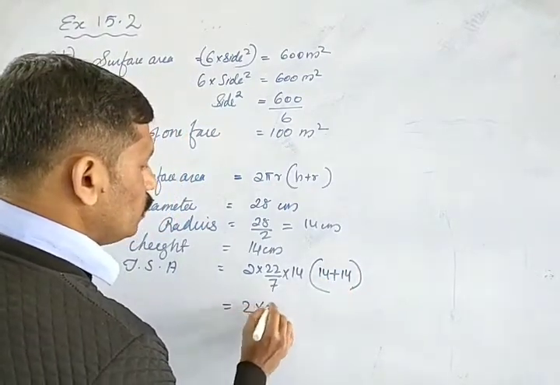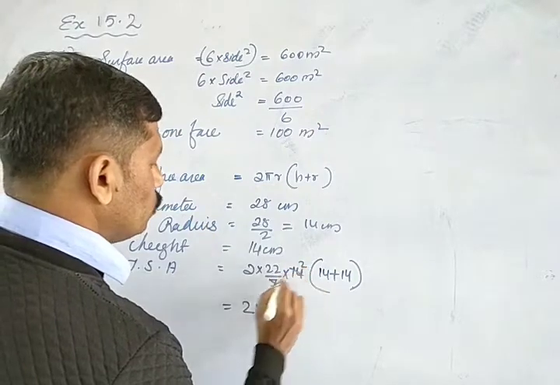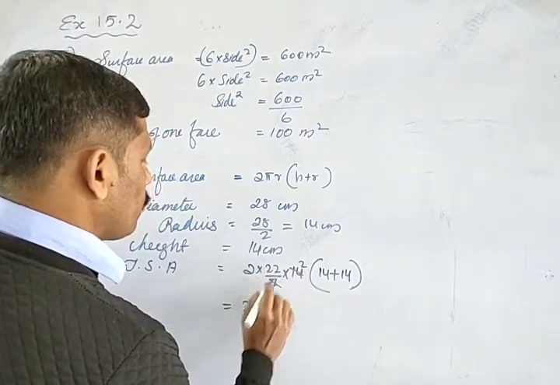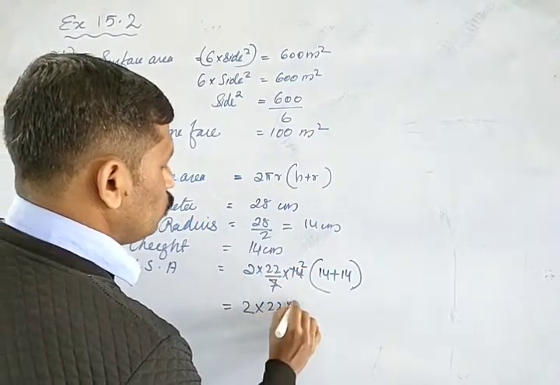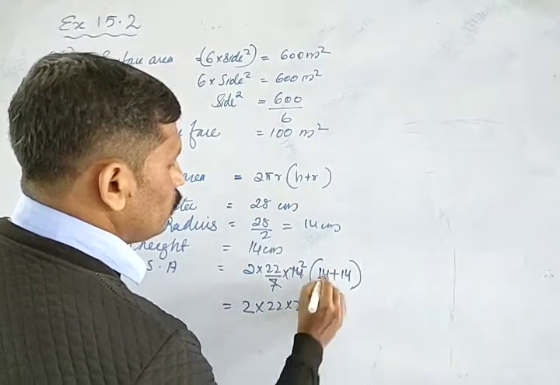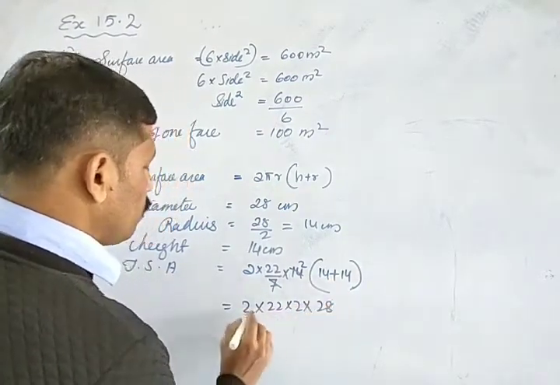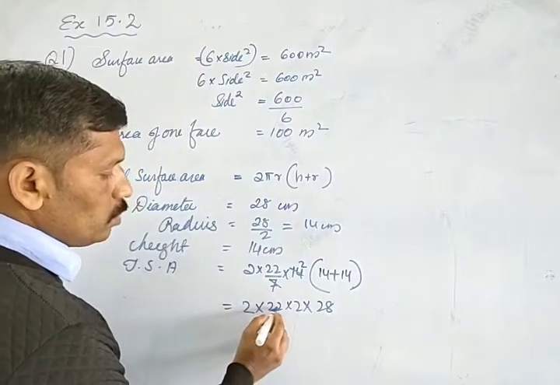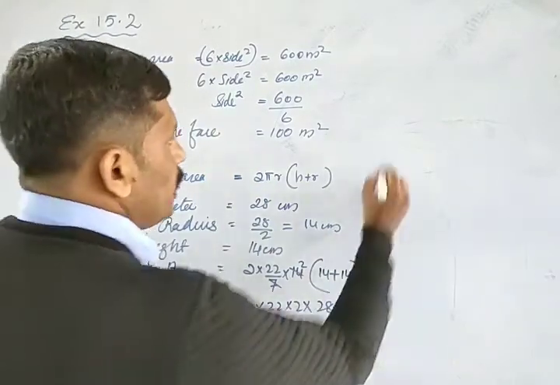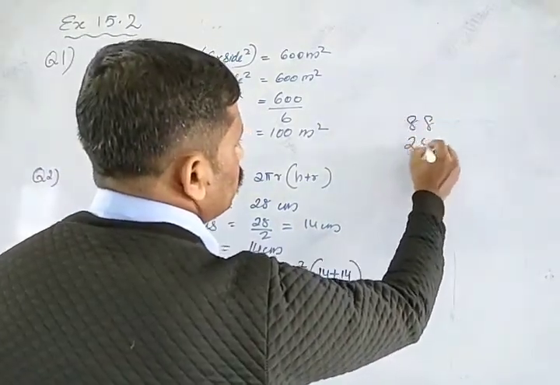Then 2 into 7, this 7 we can cut with 14, leaving 2 into 22, 44, into 2, into 28. Here 2 into 22 is 44, 44 into 2 is 88, 88 into 28.